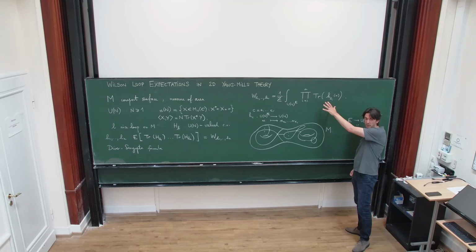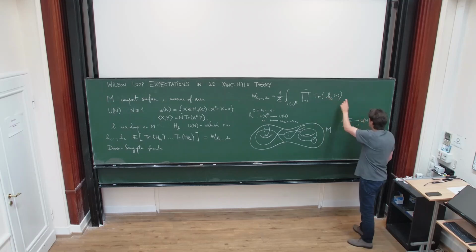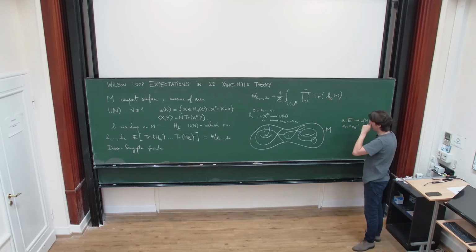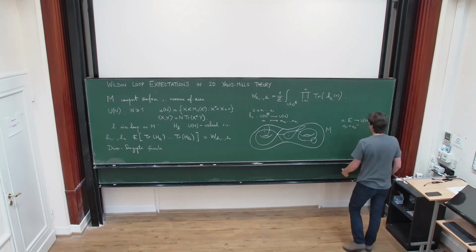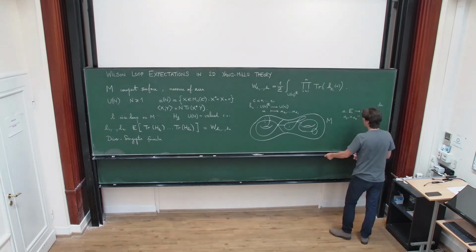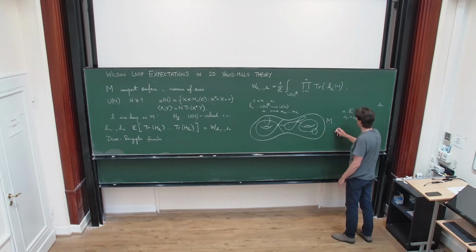So this is the function that we want to integrate. This is not yet the measure. This is what we are integrating. And now I'm going to describe the measure. And for this, I need to introduce the heat kernel on the unitary group.